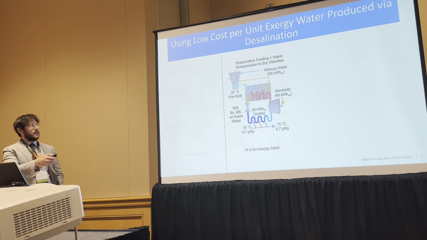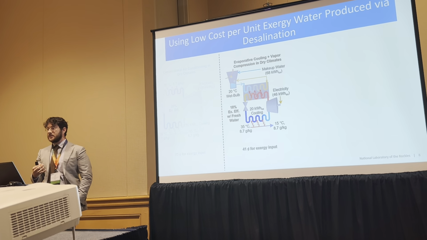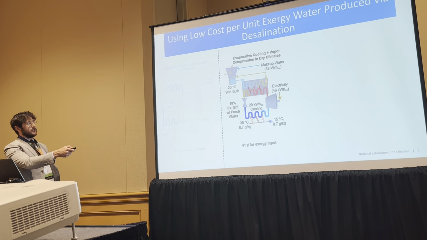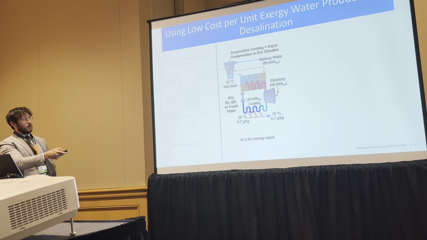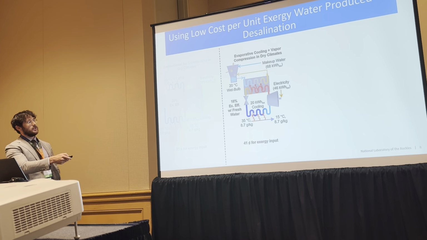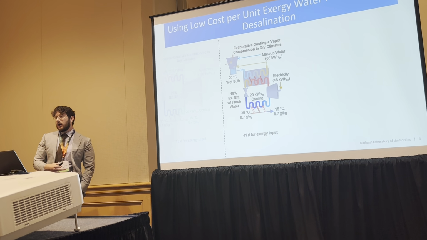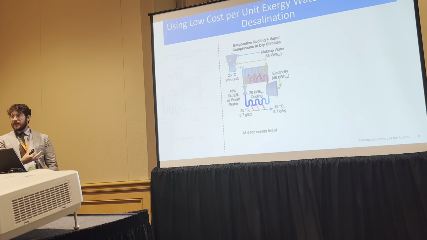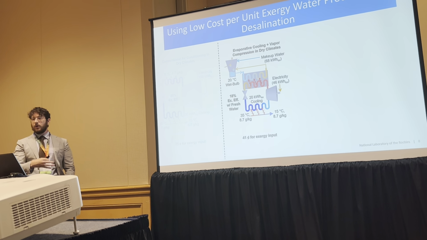So what if we instead use an evaporative cooler to produce water at the wet bulb temperature, and now we're ejecting heat to that wet bulb instead of the dry bulb temperature. So our COP for our vapor compression cycle goes up in that case. You can see that the overall exergetic efficiency goes down. So this is slightly less efficient than that previous system I showed, but it costs less to operate, even though it's less efficient.